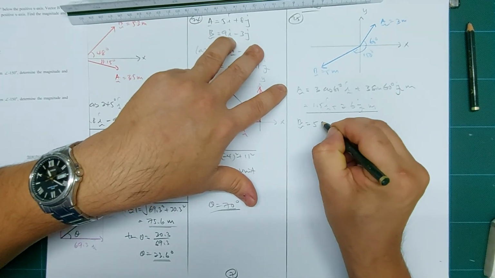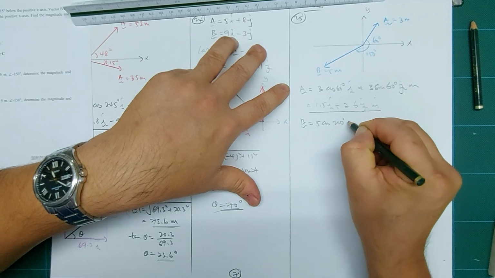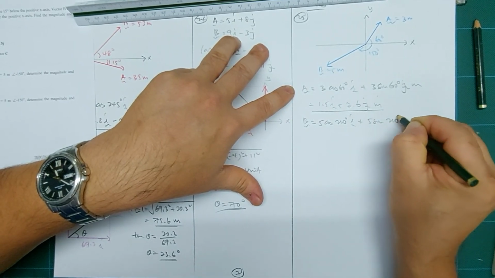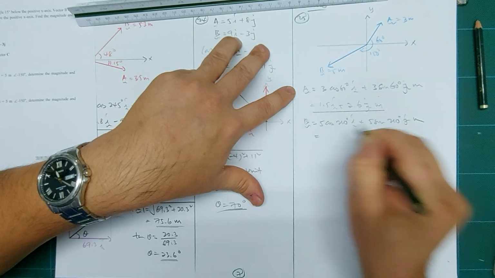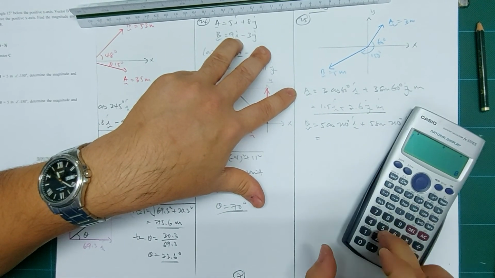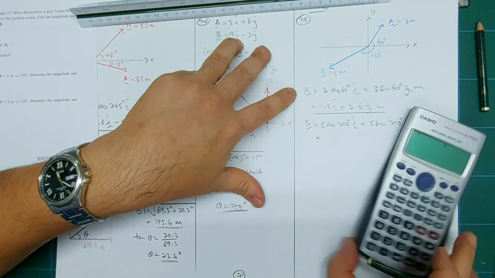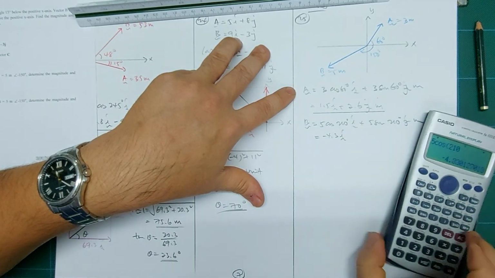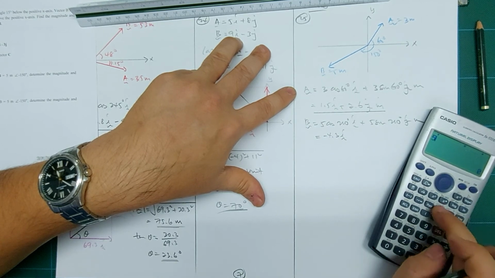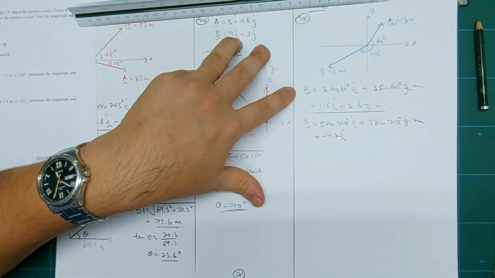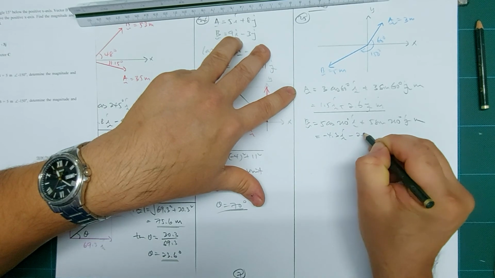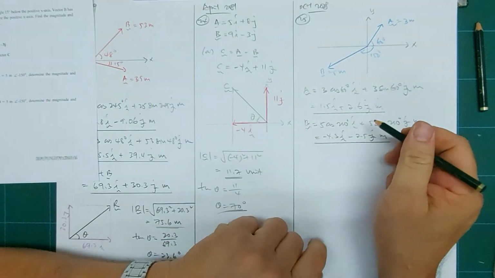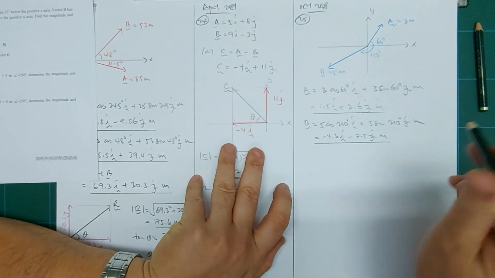That will be 5 cosine 210 i plus 5 sine 210 j in meters. So 5 cosine 210 gives us negative 4.3i, and 5 sine 210 gives us negative 2.5j in meters. So there is our A and B separately in ij format.